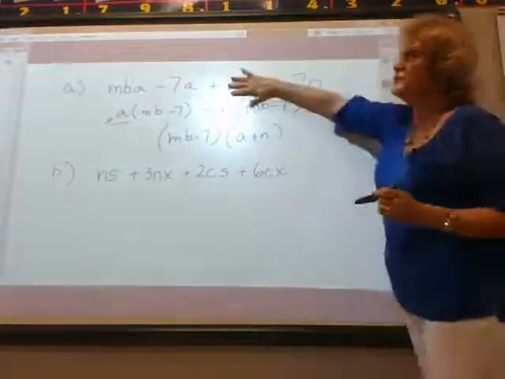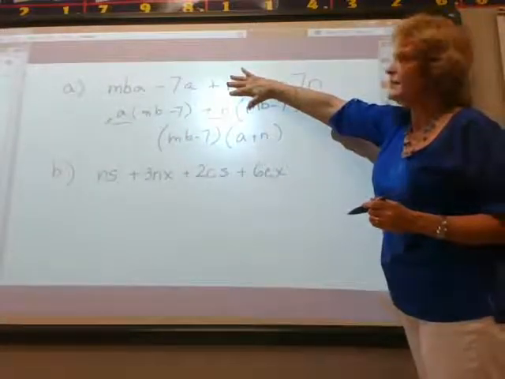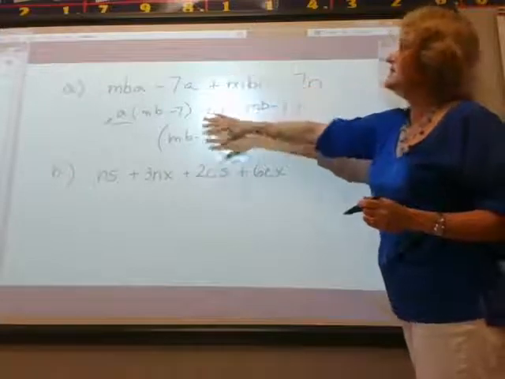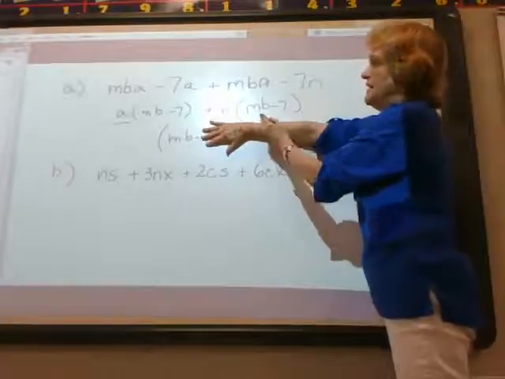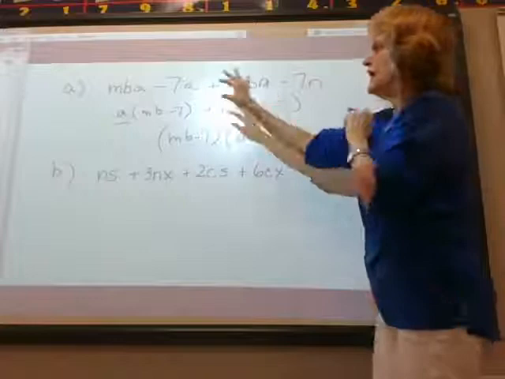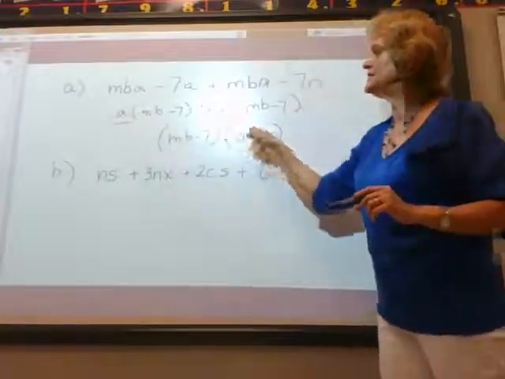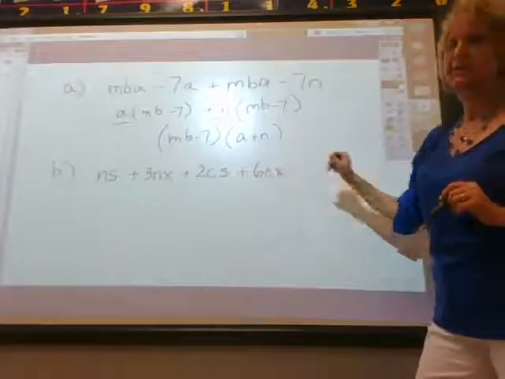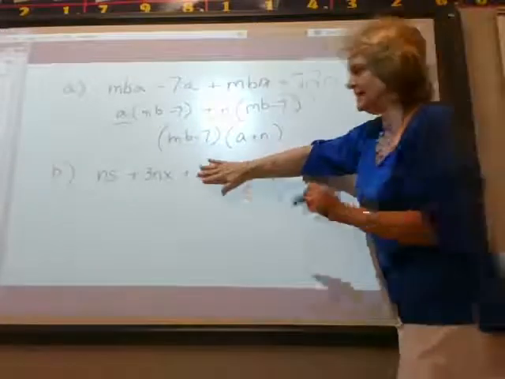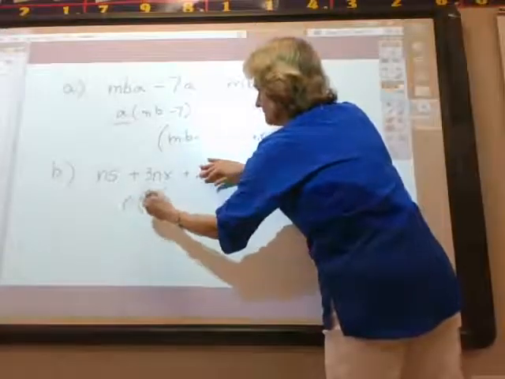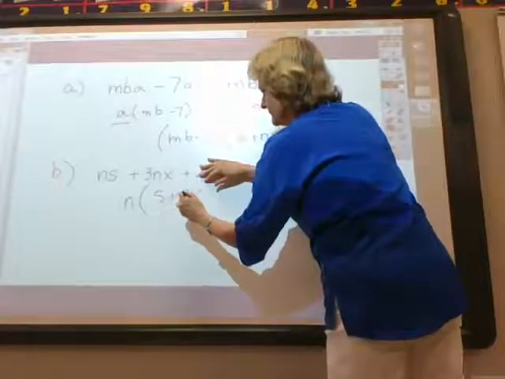Okay, so the first 2, I took out an A and B minus 7. The last 2, I took out an N and B minus 7. I write that common binomial, and I combine what's left for the second binomial. Next one.